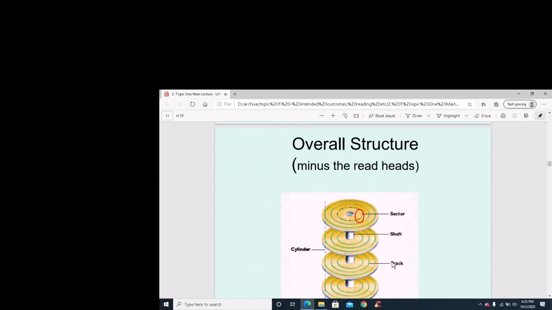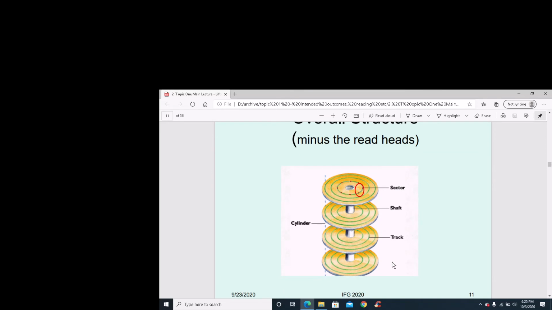So the overall structure of a hard disk drive, excluding the read heads or the write heads, is that I've got a disk platter here, and these 3 items, which I've drawn in green, represent 3 different tracks, 3 of 300,000. And what I've marked here is just a little section of the first track I'm talking about.